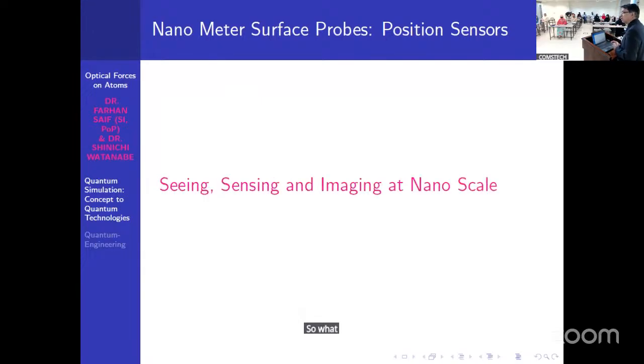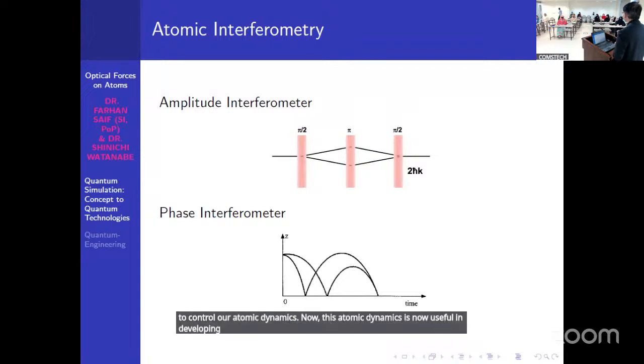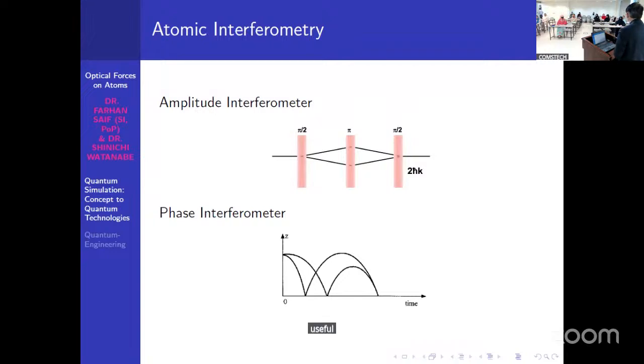So now we have components. What we gained up here is very useful: by developing beam splitters, mirrors, and diffraction gratings, we are basically making the components to control our atomic dynamics. Now, this atomic dynamics is useful in developing numerous useful devices, which is basically the goal.